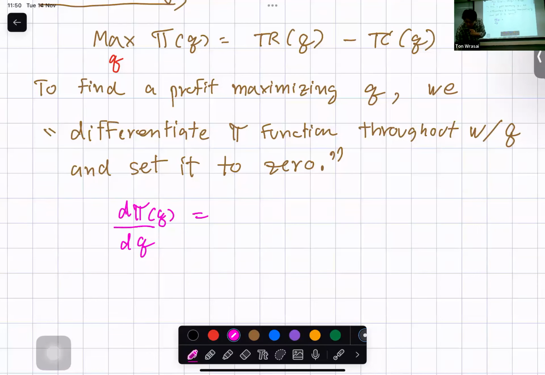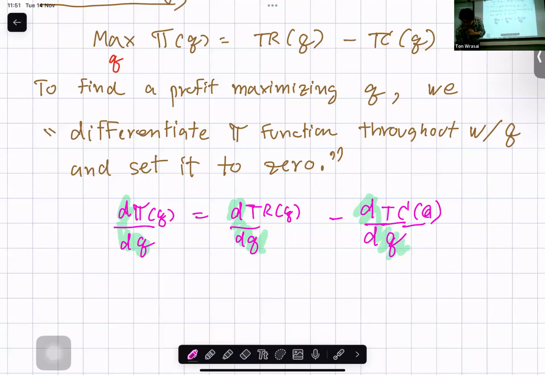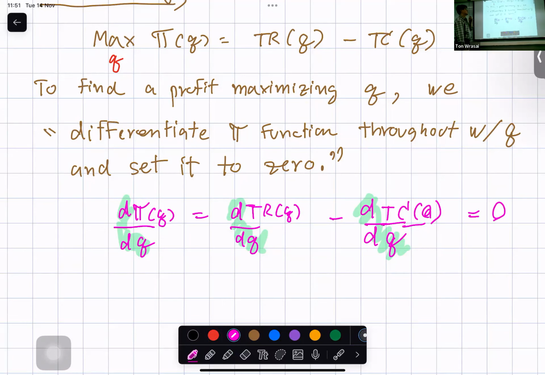Throughout, okay, dTR by dq minus dTC by dq. Okay, I highlight the part that we said. We just add these, and then the manual said, set it equal to 0. Okay, equal to 0.